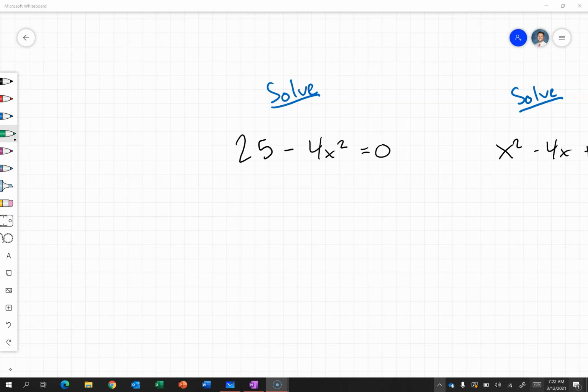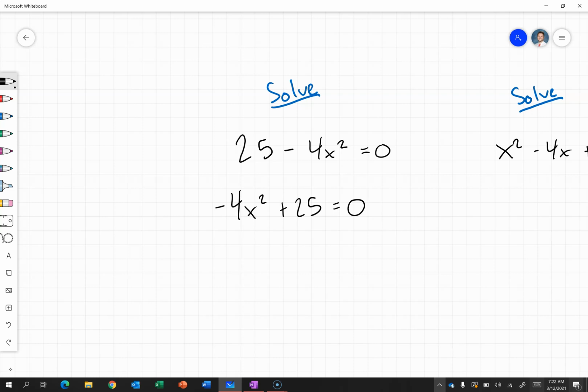So again, our first step is to ask ourselves if there is a common factor, and we can see in this case that there is no common factor. So then we can go ahead and first of all rewrite this in standard form, right? So this would be negative 4x squared plus 25 equals 0. And then in this case, I can see there is no b value, right?